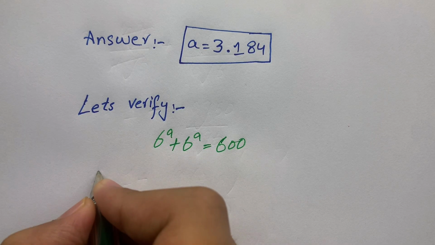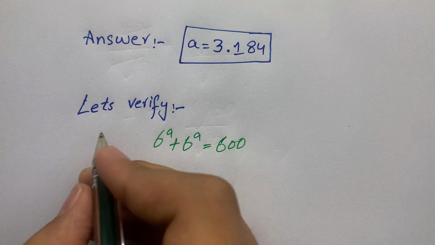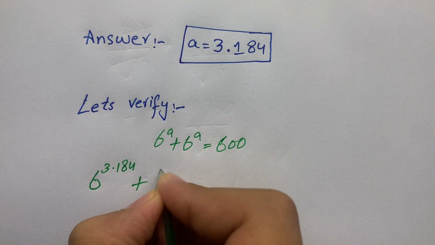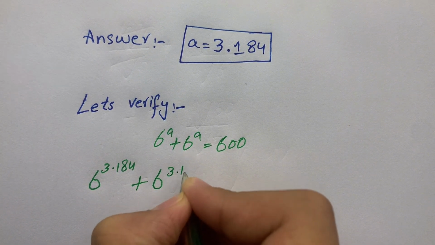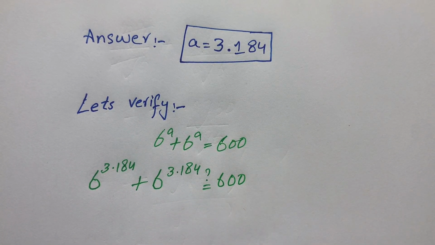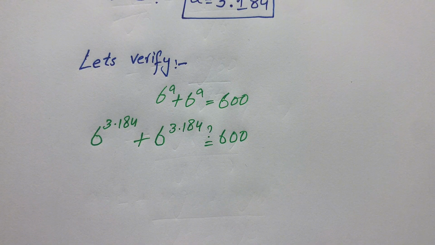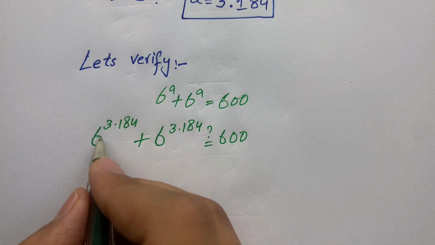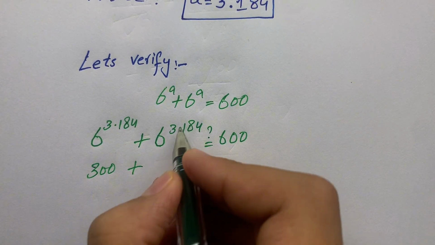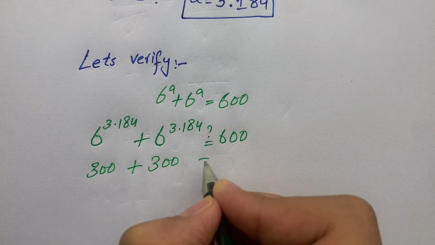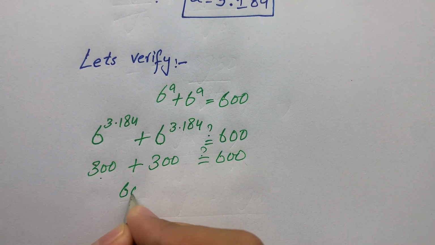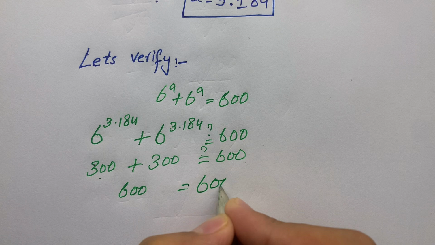Now we check: 6^3.184 plus 6^3.184 is equal to 600. 6^3.184 is equal to 300, plus this also 300, that is equal to 600. 300 plus 300 is 600.